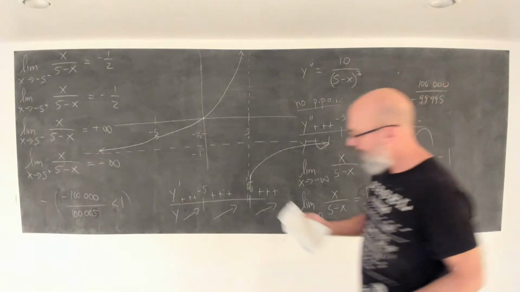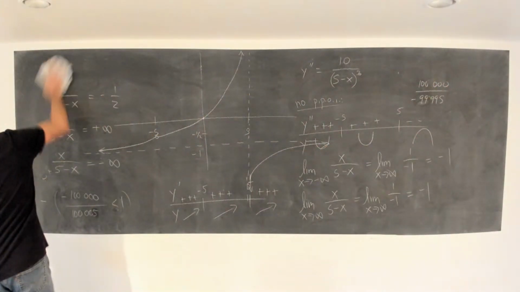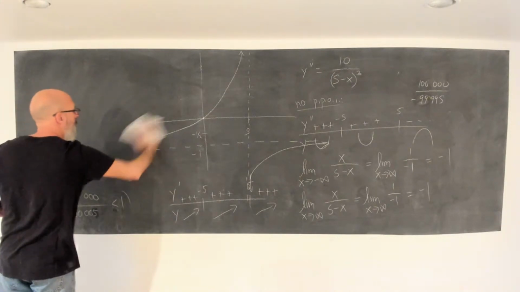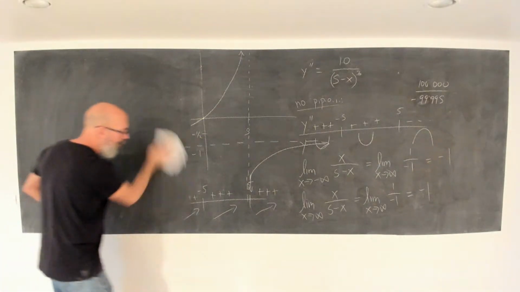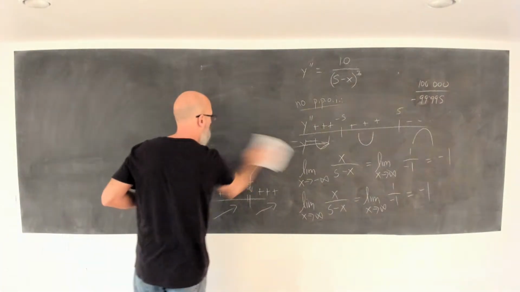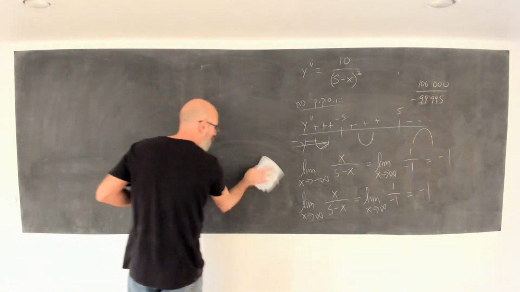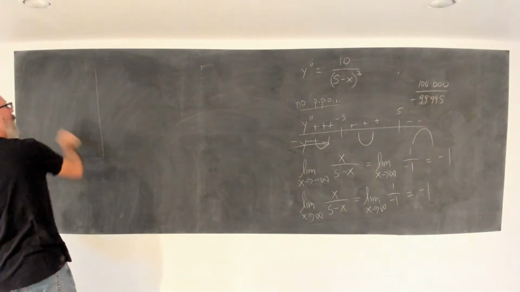So we can take our time here and do several examples. I was going to give you an example of a function which crosses the horizontal asymptote. Let me do that now.